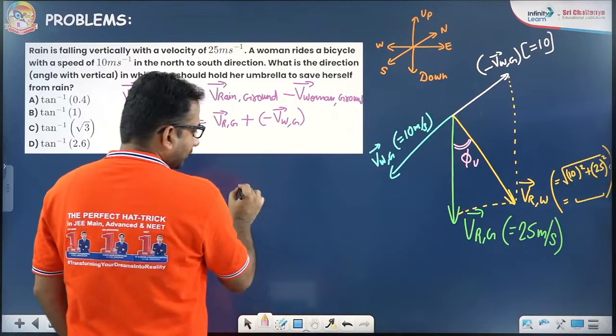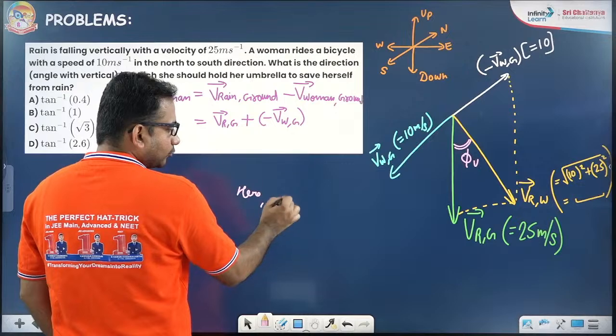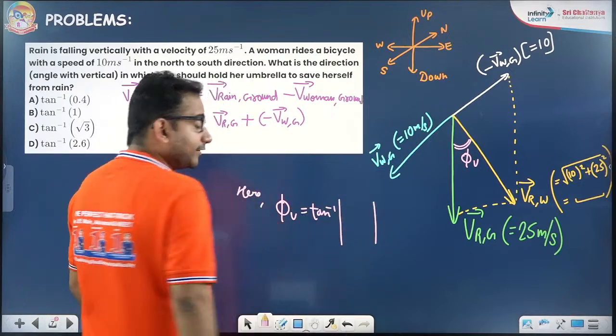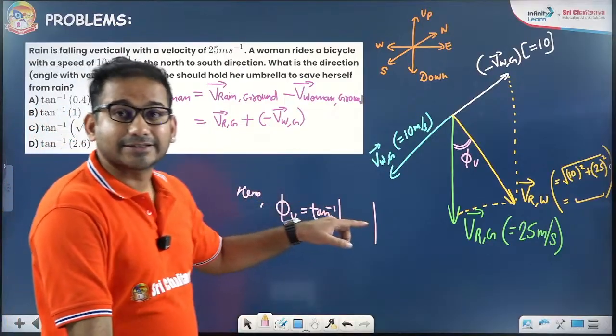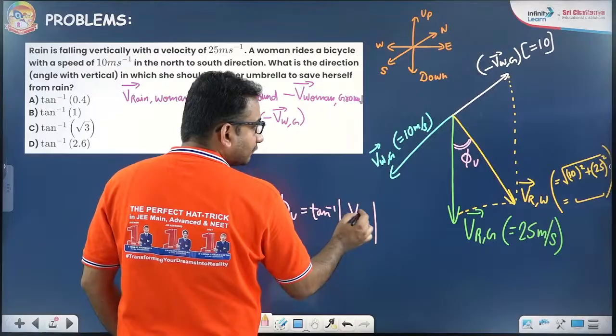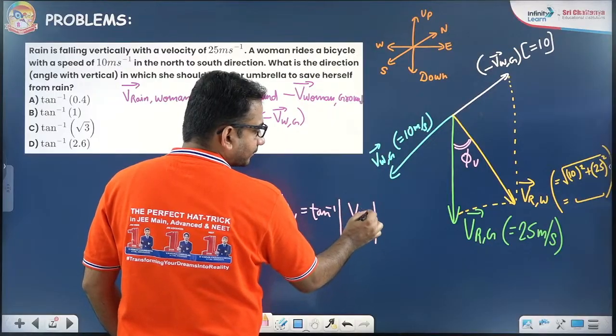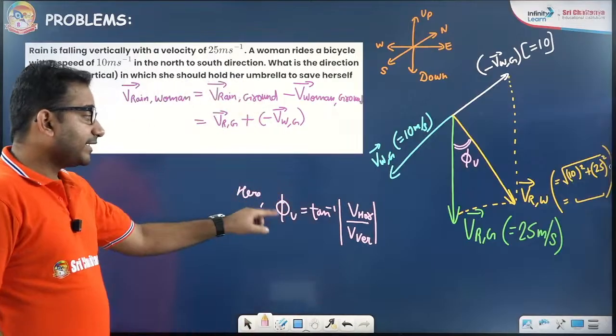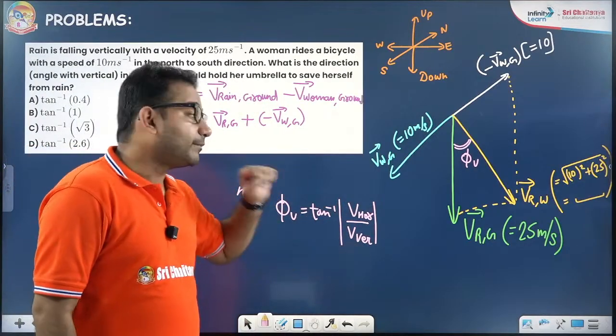Okay, so here phi will be equal to, I hope you remember the rule is very simple: if the angle is made with whichever axis, that component must be coming in denominator. So tan inverse, it should be V horizontal by V vertical. If the angle is made with vertical, the vertical component must be coming in denominator.